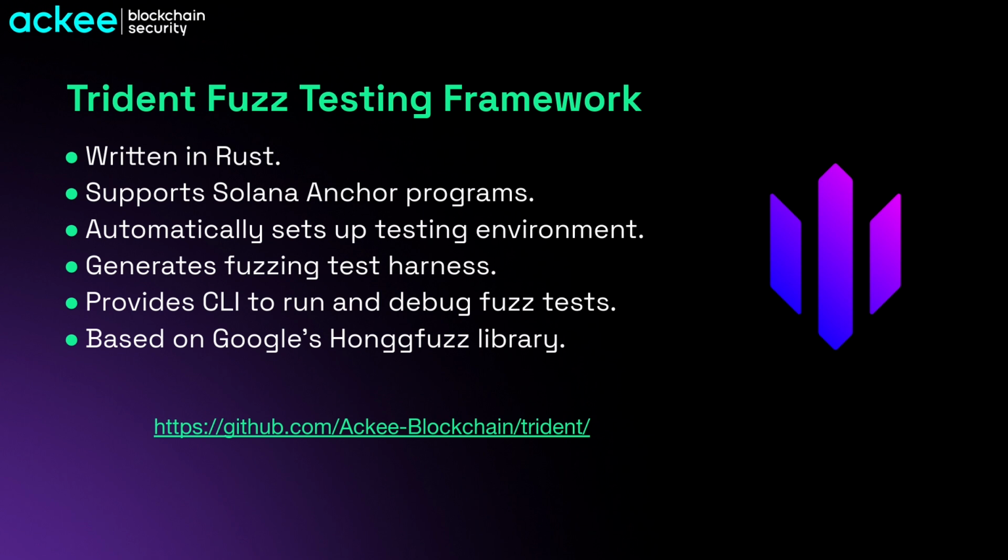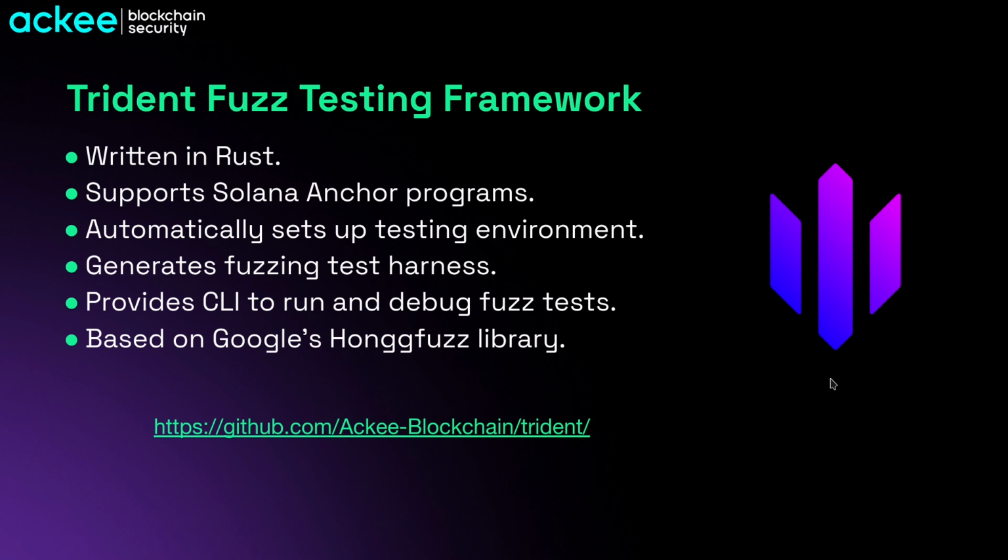HonggFuzz is a well-known fuzzing library used in other languages, and there is also a Rust crate. So this is what is used by Trident under the hood. And Trident is, of course, open source.